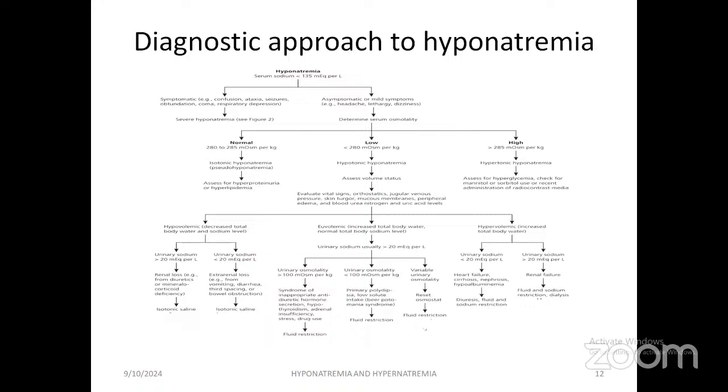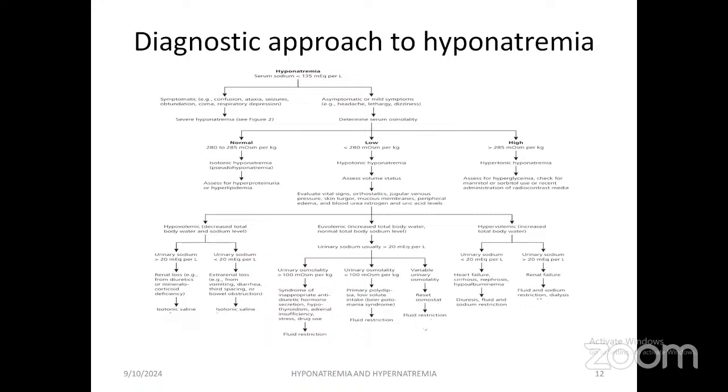Coming to hyponatremia with low serum osmolality, we'll have to assess the volume status. Is the patient hypovolemic, euvolemic, or hypervolemic? In hypovolemia, we should again check for urinary sodium. Is it greater than 20 milliequivalents or less than 20 milliequivalents?